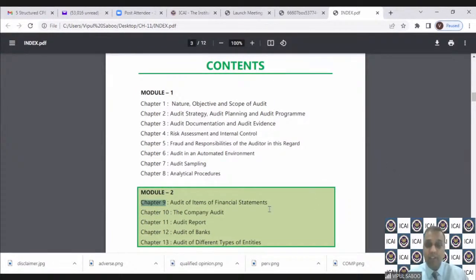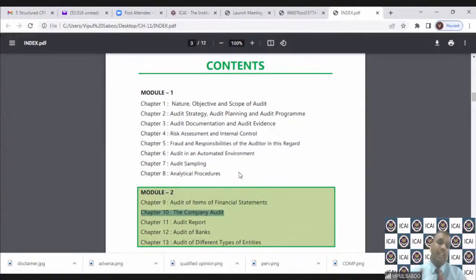So we started with a very simple chapter, audit of items, simple but comprehensive audit of items of financial statements. Then we stepped up a bit higher. We moved to companies, and hence your chapter 10, the company audit. So be it any subject, you have to be very much particular with the sequence you follow. Your brain works according to that particular sequence, starting from ABC to more complex topics.